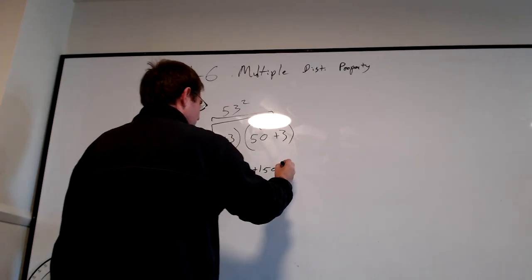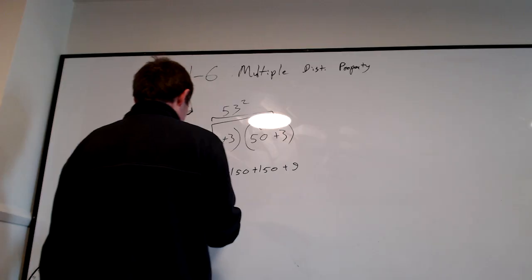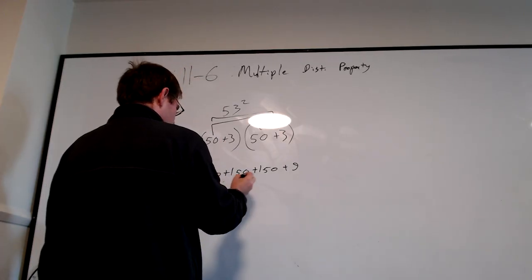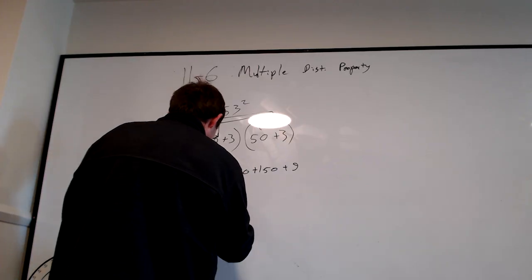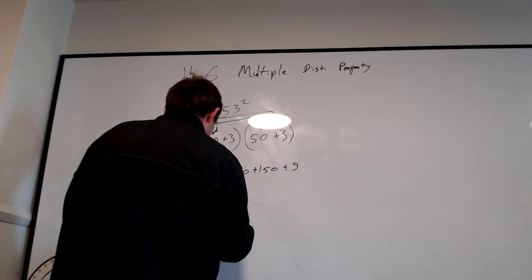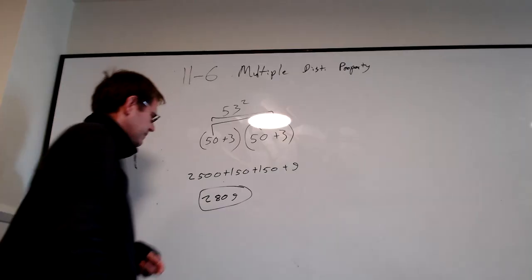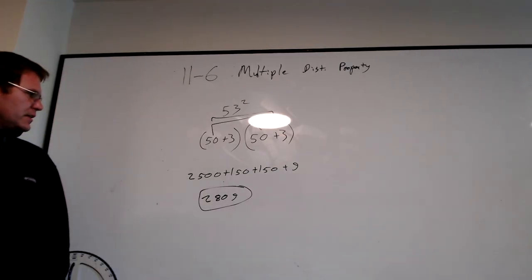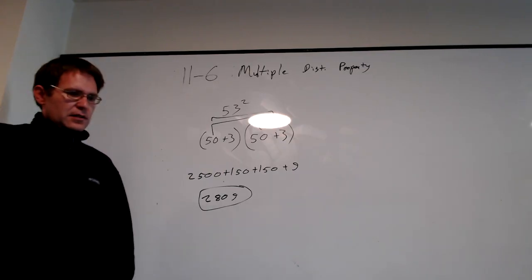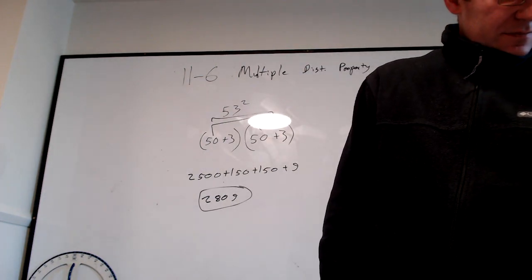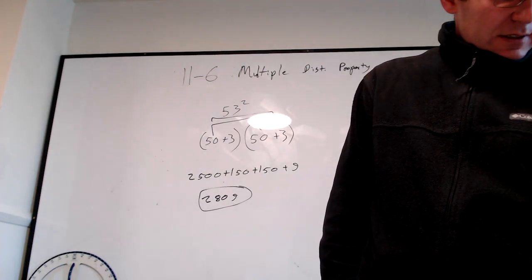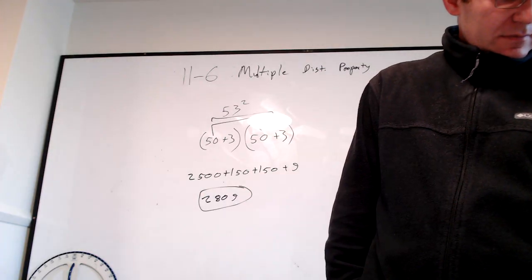Then we have 3 times 3, plus 9. So that's 2,809.